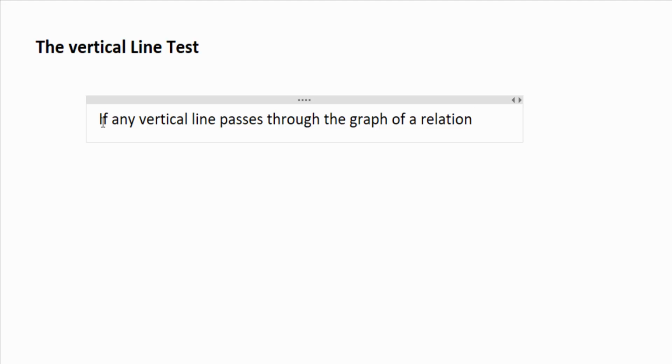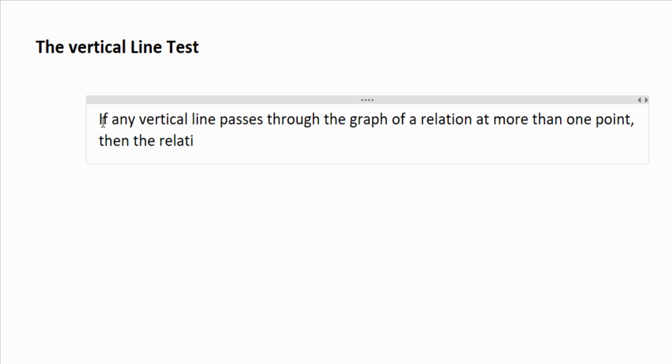If any vertical line passes through the graph of a relation at more than one spot, in other words, at more than one point, then the relation is not a function. If any vertical line passes through the graph of a relation at more than one point, then the relation is not a function.